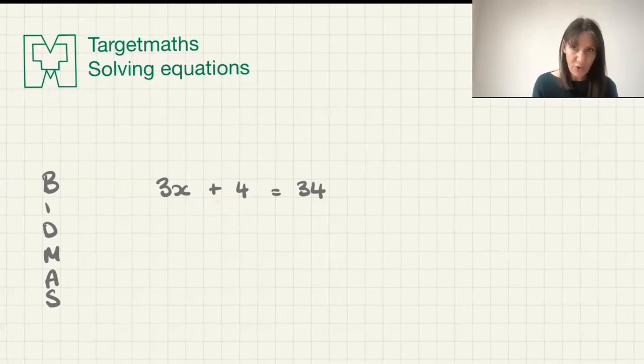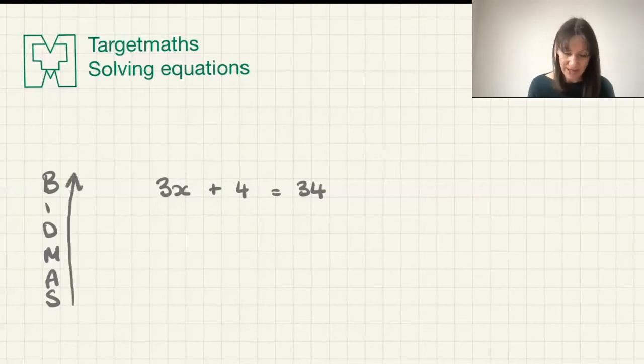When I'm solving equations, I must do BIDMAS backwards, okay? Now, BIDMAS backwards, if I consider what I've got in this question, I've got a plus, and I'm going to show it just so that we don't forget it's there. And I've got a multiplication.